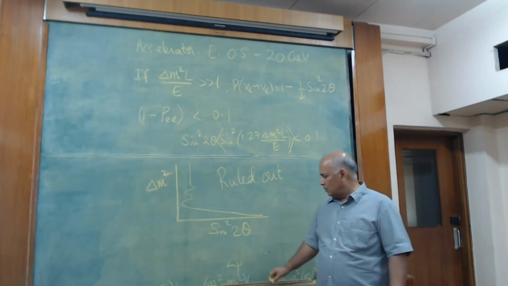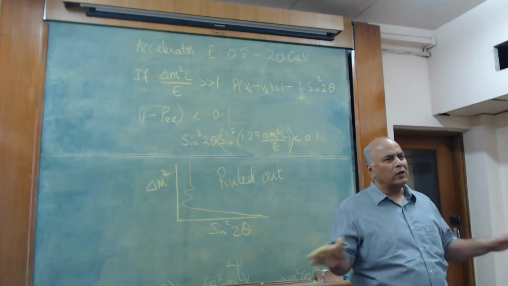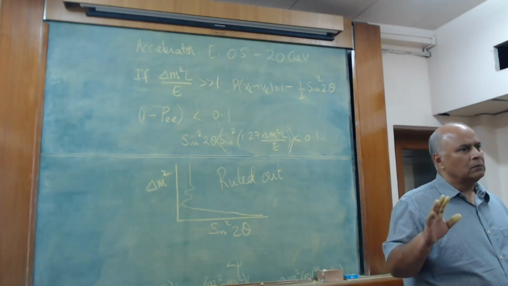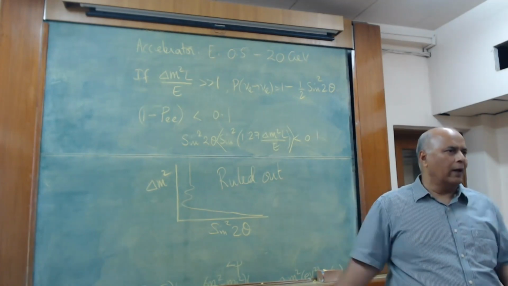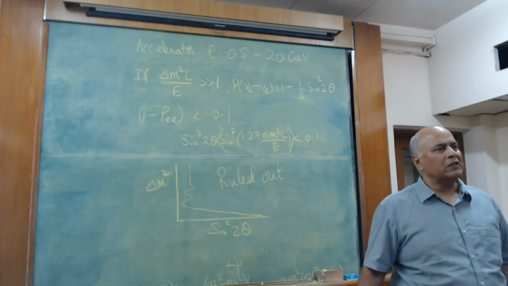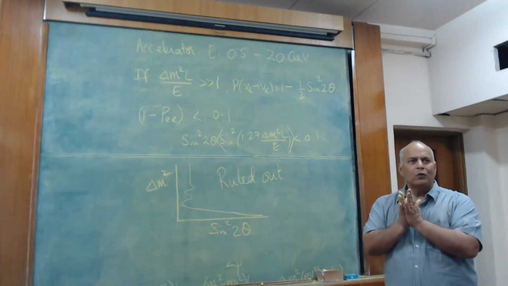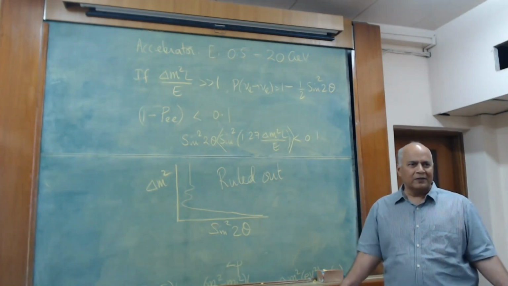This is for experiments where you just measure the total rate, no spectrum. But if you measure the spectrum, of course, you can have more detailed information, but that we will discuss later. In all these experiments, first they are looking whether there's a deficit or not, and they didn't find any deficit.